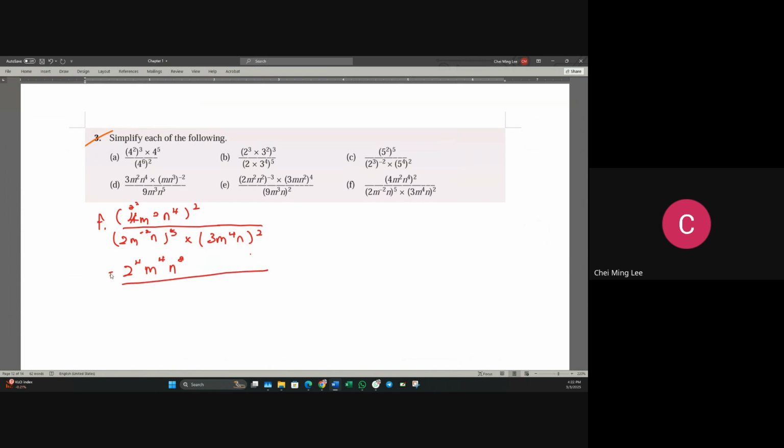Divide by, this one should be 2 to the power of 5. M to the power of -2 times 5, -10. Then n to the power of 1 times 5. Then multiply by 3 to the power of 2. M to the power of 4 times 2, 8. N to the power of 2.